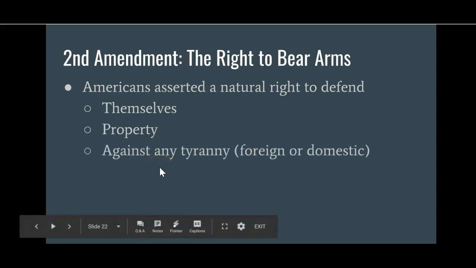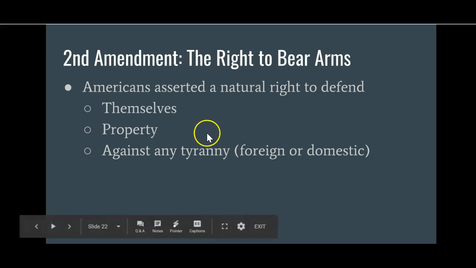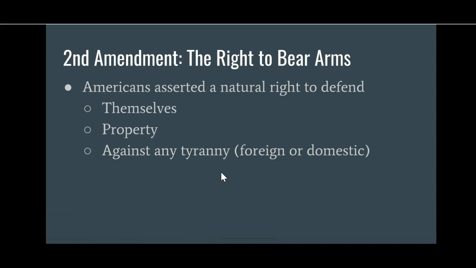And we have the right to defend against any kind of tyranny. Tyranny means a country or a leader that is oppressive. They take away our rights. They are tyrannical. They don't allow us any of the freedoms or choices that we have right now.